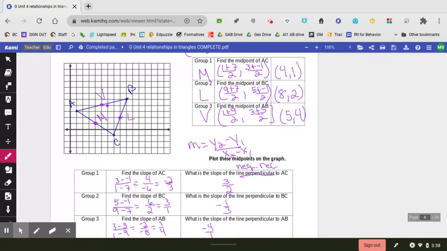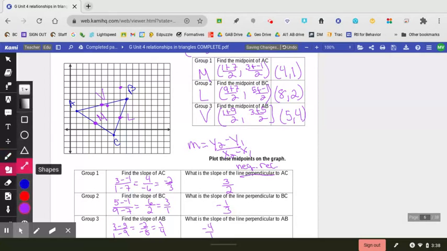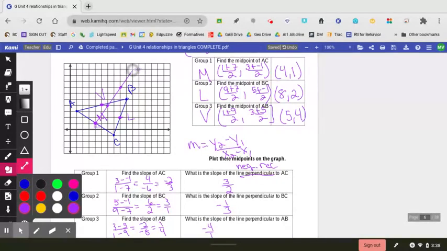Do that again, up 3 over 2. So there are my points, and I'm going to make this line purple. And there's the line that is the perpendicular bisector of AC.